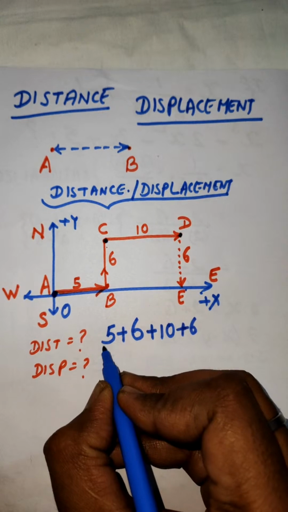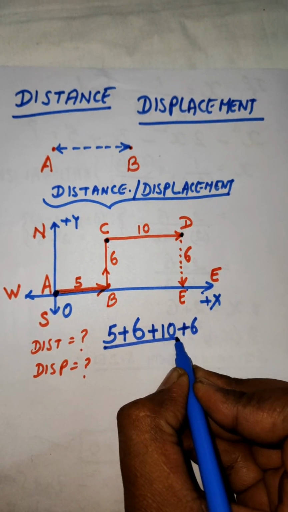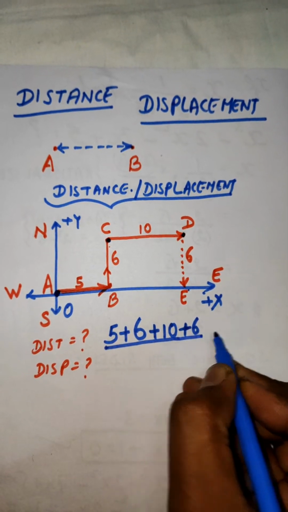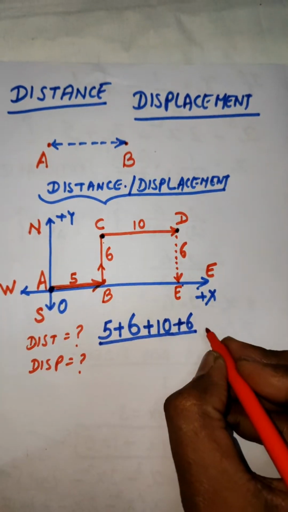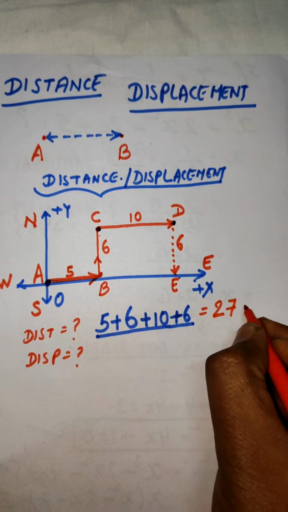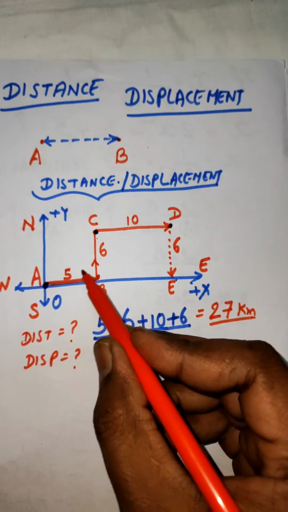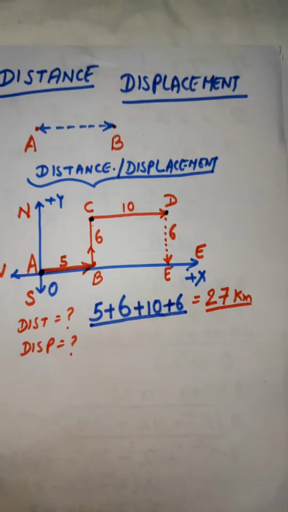Now add up these values: 5 plus 6, 11, plus 10, 21, plus 6, 27. So 27 is the total distance covered by the man, 27 kilometer, if you have taken these units in kilometer, right?